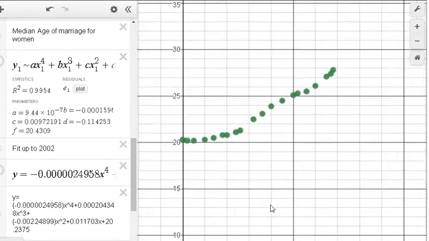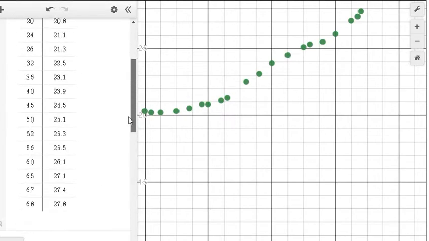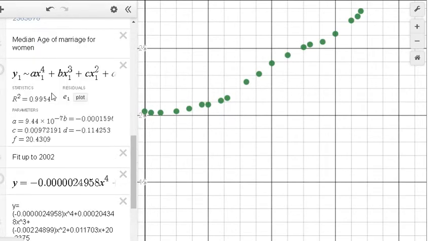Question? So how would we find it on a graphing calculator? I wouldn't make you do this on an exam. I'd give you the equation. In fact, when you type it into Desmos, one of the things you get is the equation. So your model is of the form ax to the fourth plus bx cubed plus cx squared plus dx plus f.